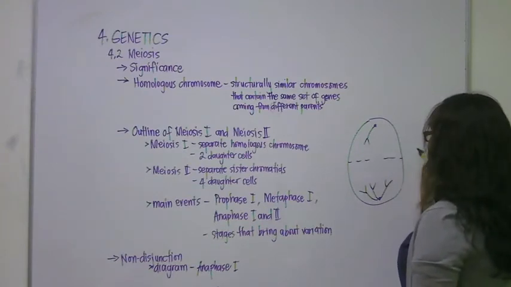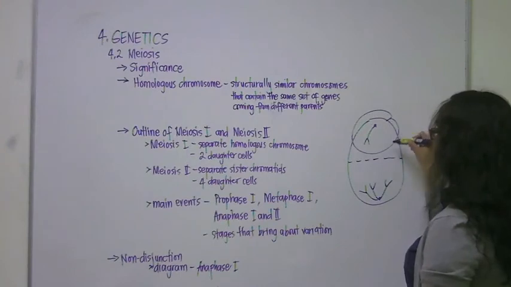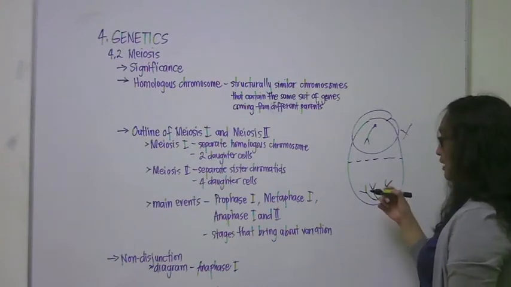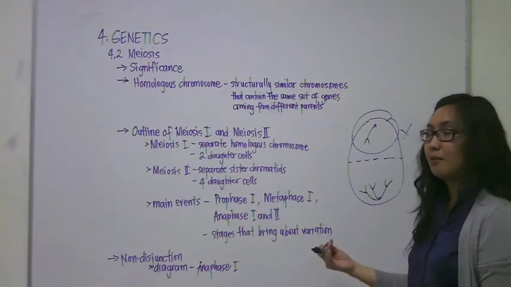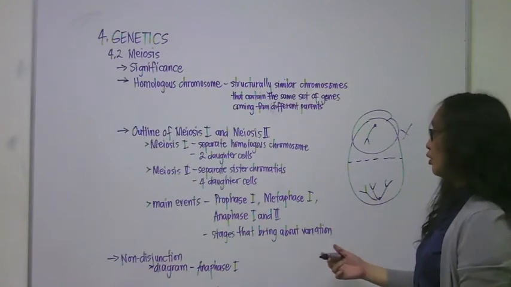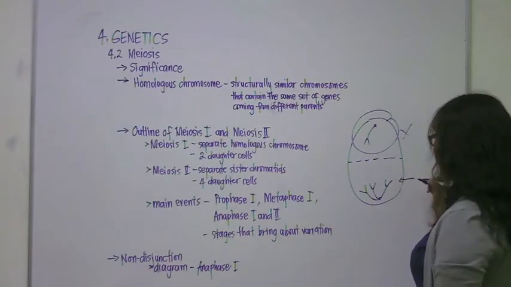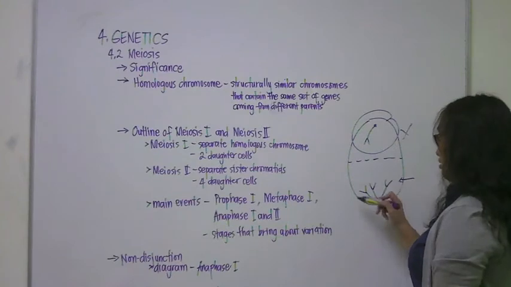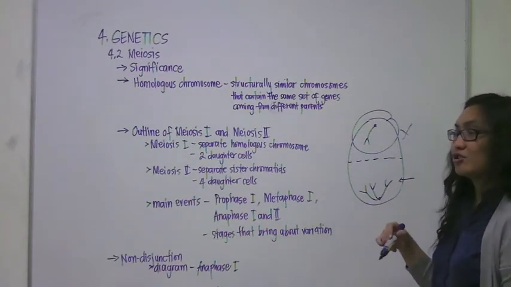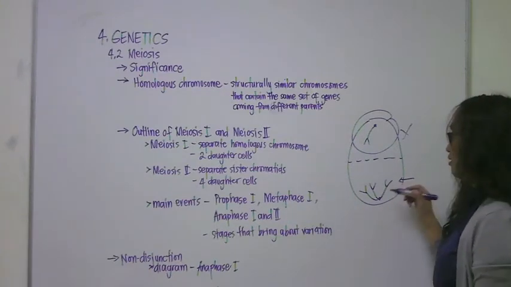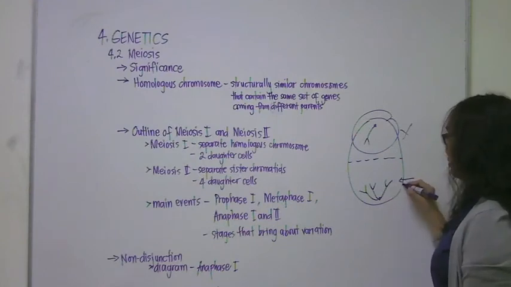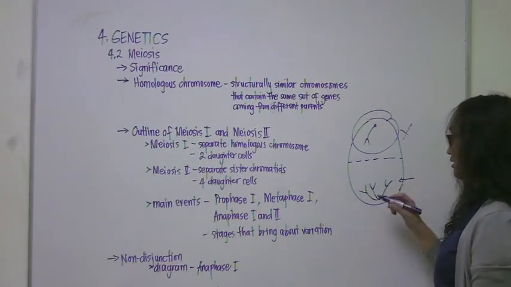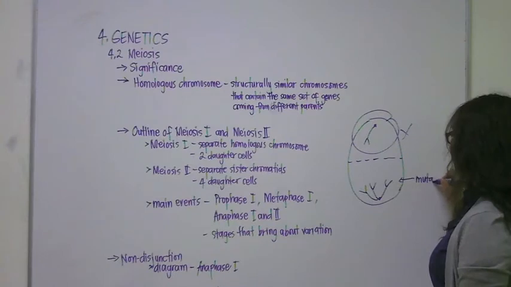Later on, this cell is going to degenerate because it didn't receive the complete set of chromosomes. But this one, because it contained at least two sets of chromosomes, will still survive and be used, but there would be a mutation.